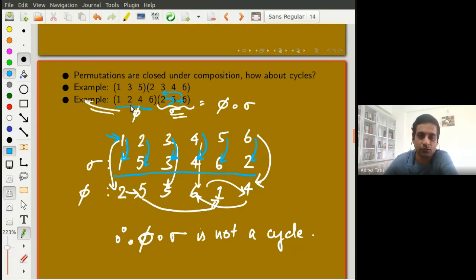So it does nothing to 3 and 5. So 3 goes to 3 and 5 goes to 5. That's the easy part. Next, what does phi do to 1? 1 goes to 2, 2 goes to 4, 4 goes to 6, 6 goes to 1.